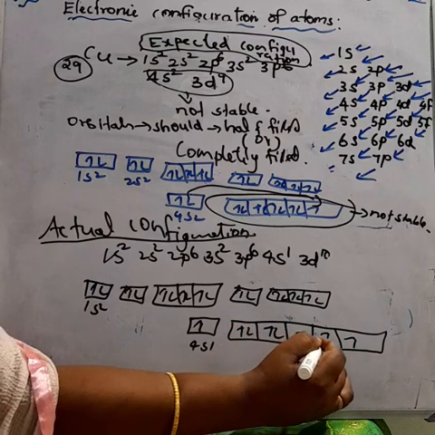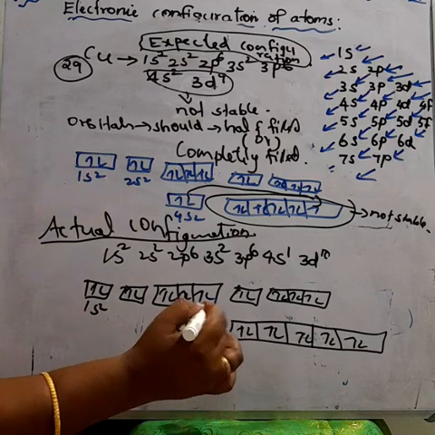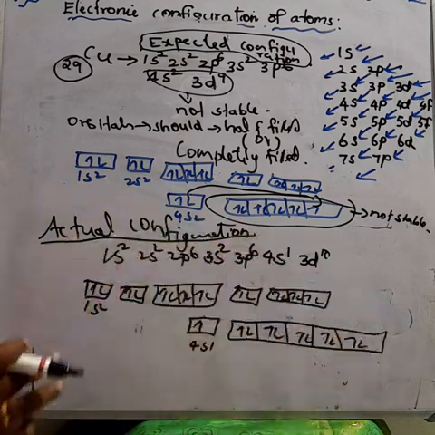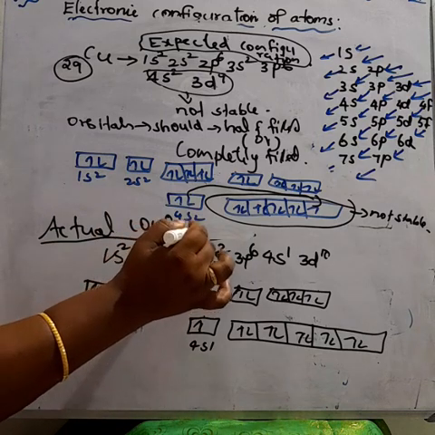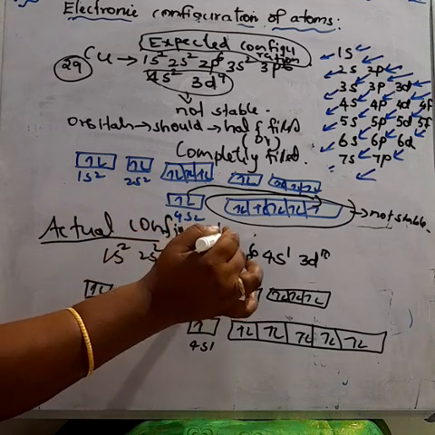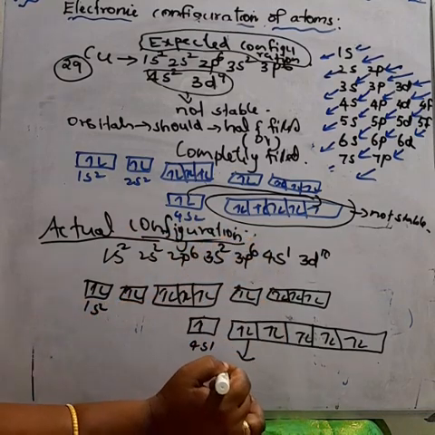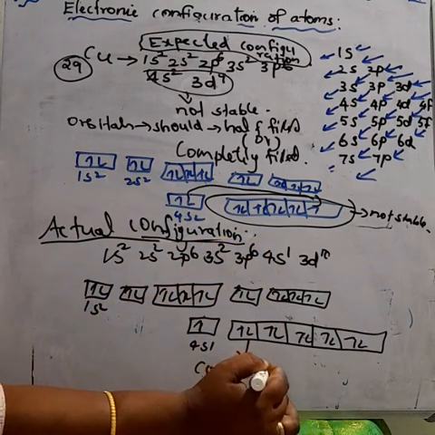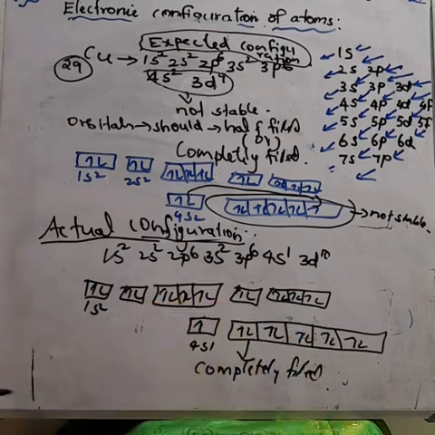One electron came to the d subshell from the s orbital. Understand? Now it is stable. How is it stable? It gets the completely filled configuration, according to the rule of half-filled or completely filled.